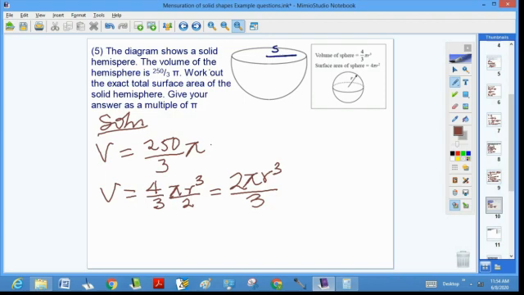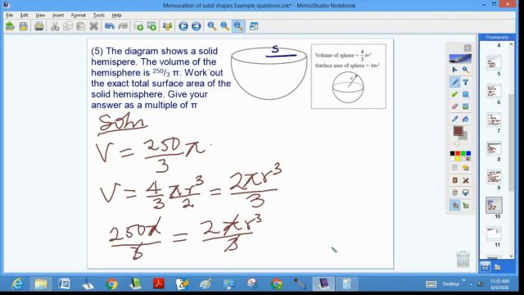So we substitute the value of the volume of the hemisphere: 250 pi over 3 is equal to 2 pi r cube over 3. Pi cancels pi, 3 cancels 3.